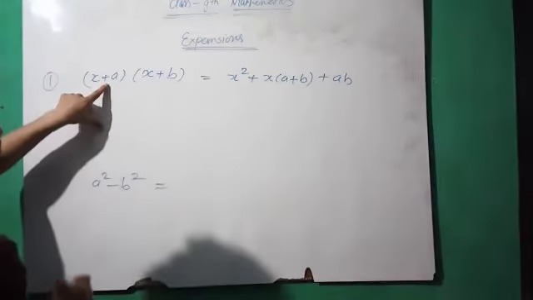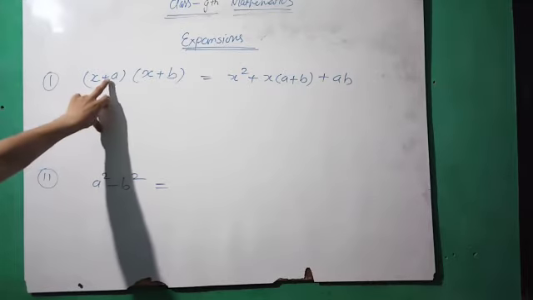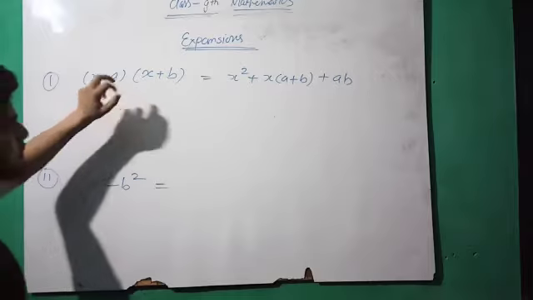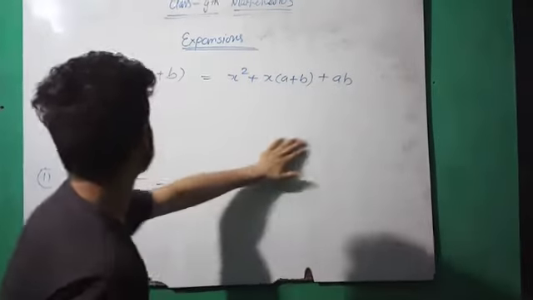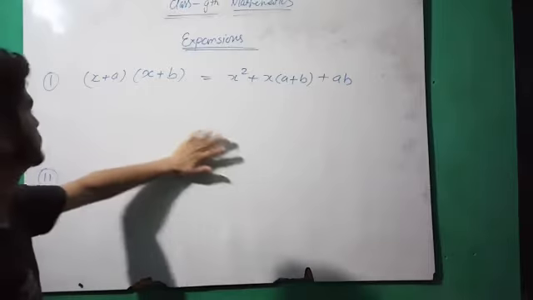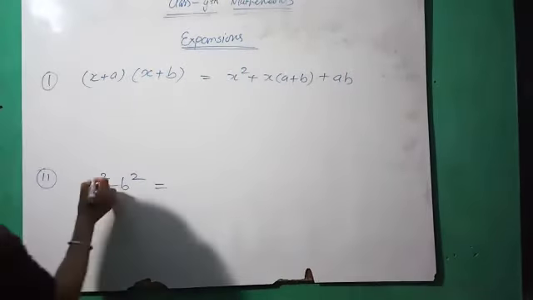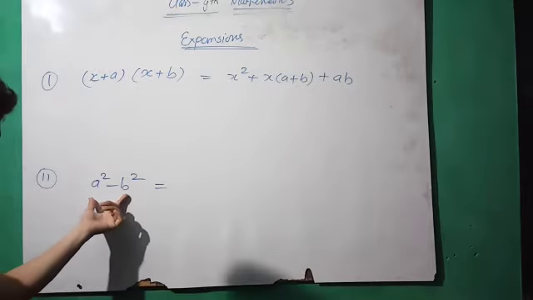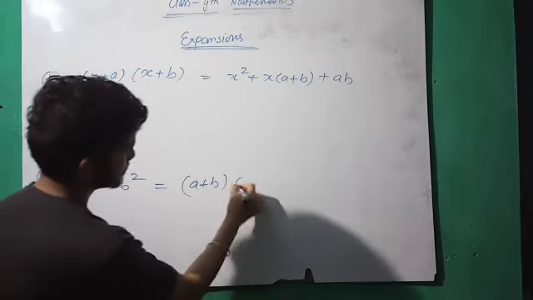If there is a change in the sign, plus is replaced with negative, then the sign here is minus a and it is minus ab. Any change in the sign changes the result of the respective formula. The second one is a square minus b square, written as (a plus b)(a minus b).